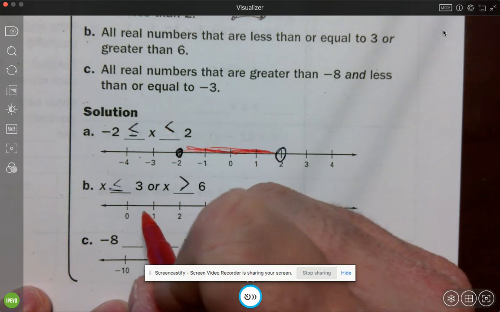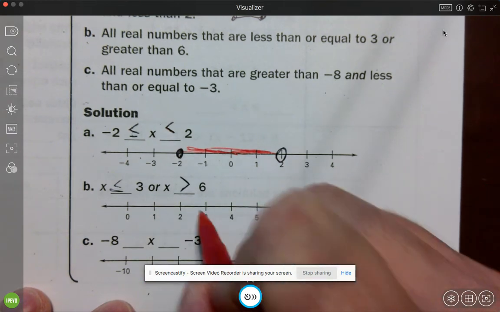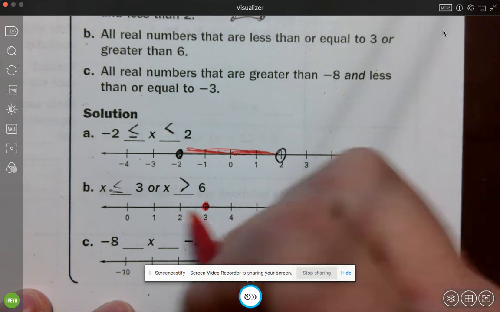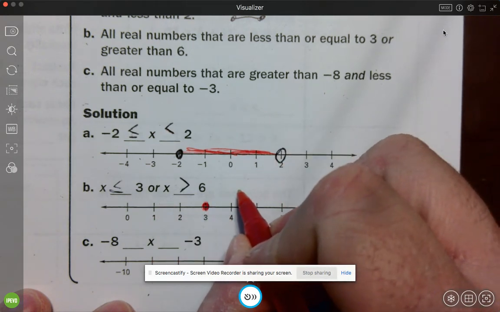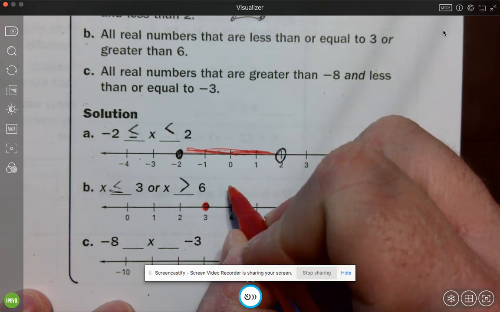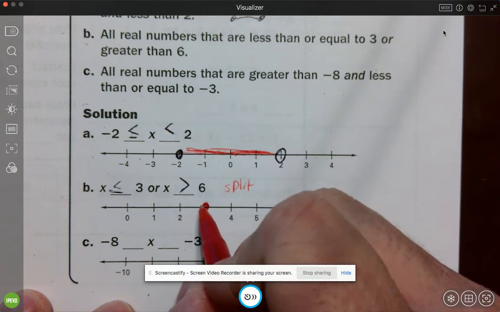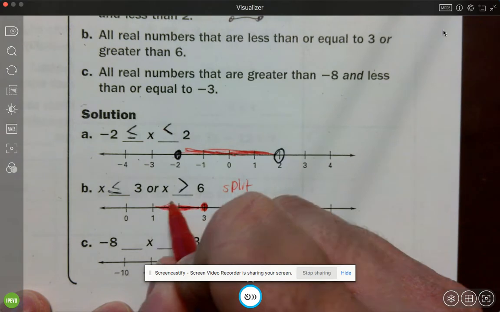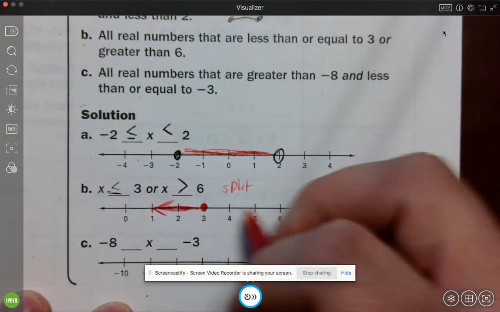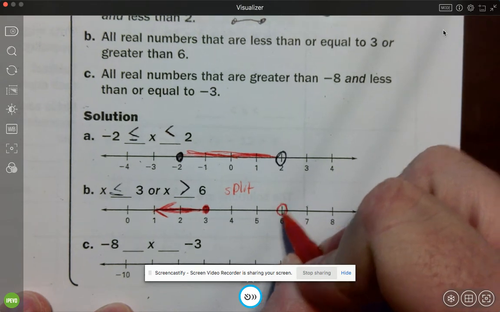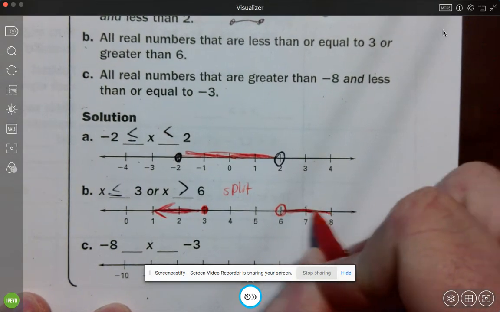We're going to put a closed dot at 3. It's an or, so we should expect a split. It's going to go this way. And then at 6, there'll be an open dot going that way.